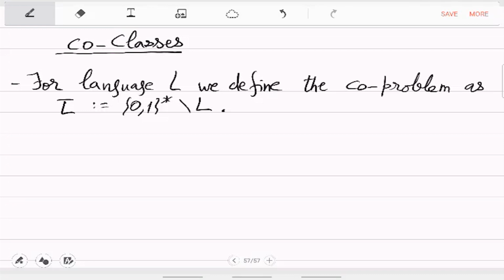So for a language L, the co-problem is its complement. That's simple. And then for a complexity class, you can take the languages, complement them, and define a new complexity class. That's the co-class.